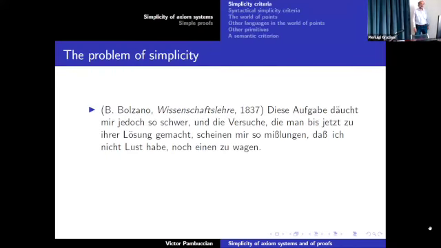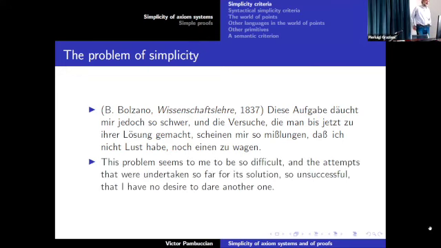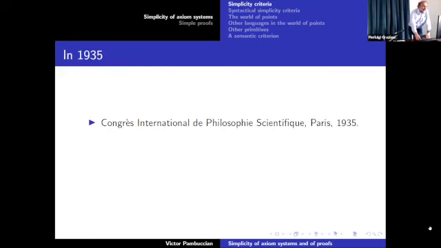First of all, the problem of simplicity has been rather old. In his Wissenschaftslehre, Bolzano tells us that this problem seems to me to be so difficult, and the attempts that were undertaken so far for its solution so unsuccessful, that I have no desire to dare another one. So people have been aware that it's not easy to figure out what simple is.